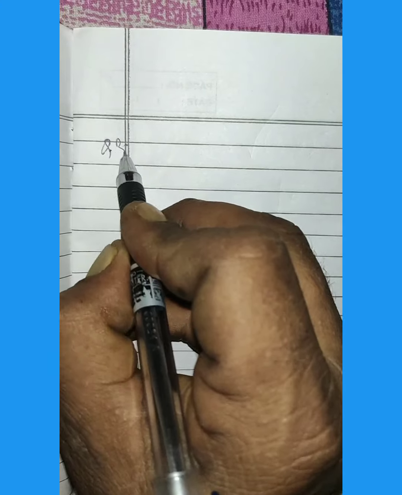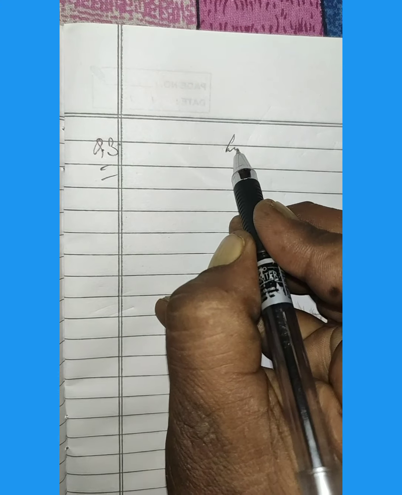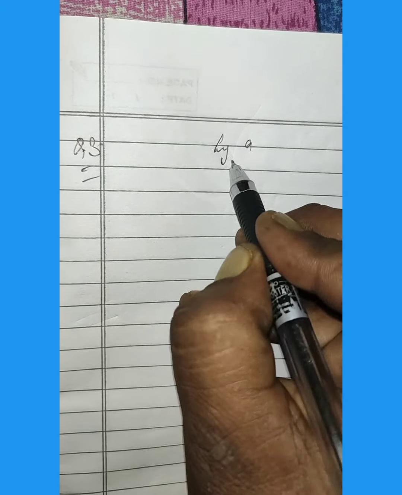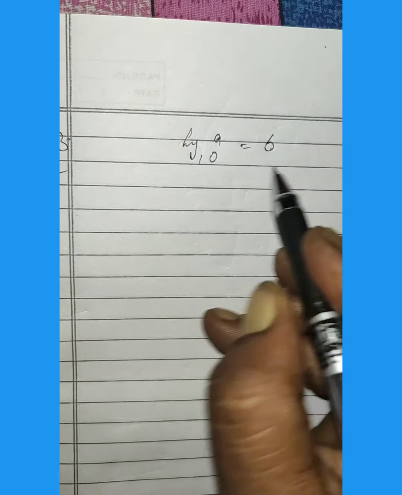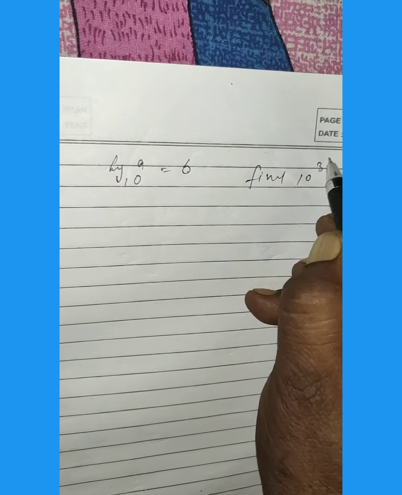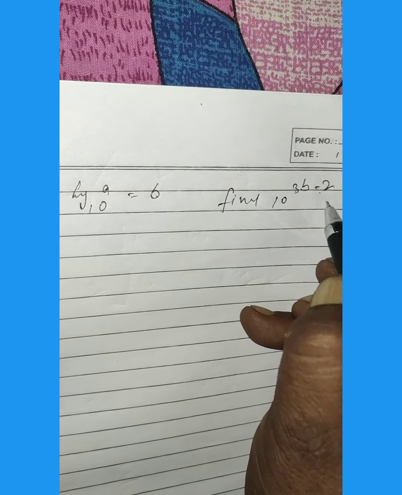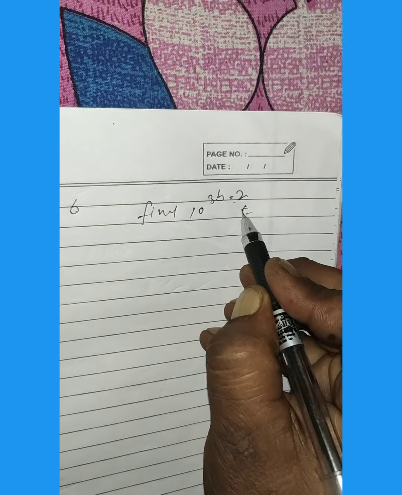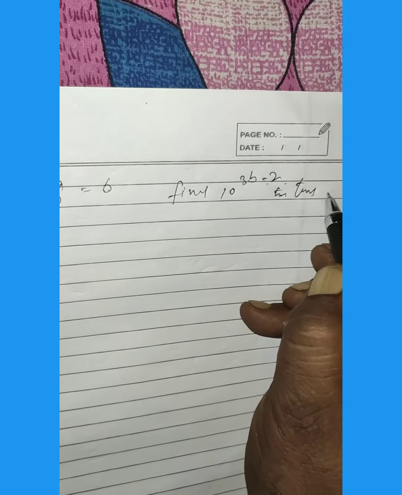Then question number 3. If log a base 10 is equal to b, then find the value of 10 raised to 3b minus 2 in terms of a.